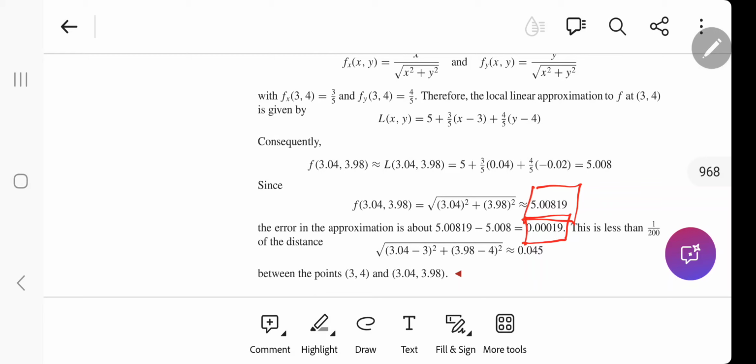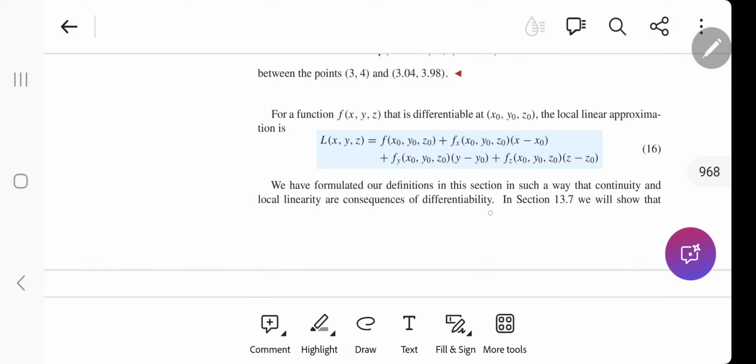Now compare this error with the distance. You can find the distance is much greater than this one. So always the error obtained while approximating using local linear approximation will be less than this distance. You can compare that error with that distance. That's the kind of problem.